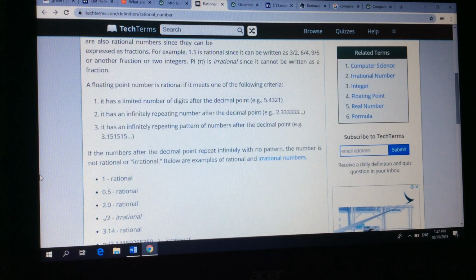Example, 2.333333. Number 3, it has an infinitely repeating pattern of numbers after the decimal point. Example, 3.151515. If the numbers after the decimal point repeat infinitely with no pattern, the number is not rational, it is irrational.